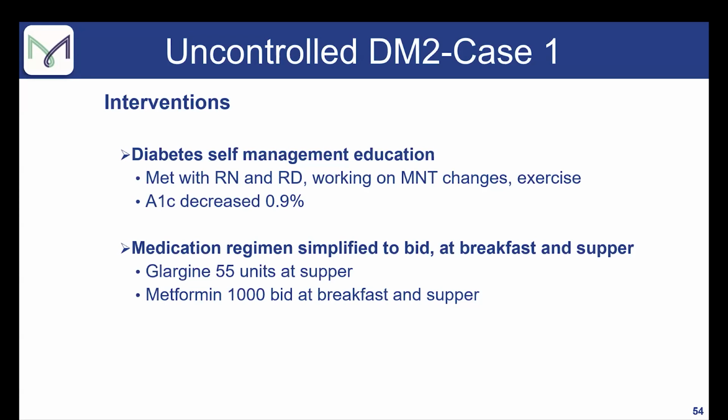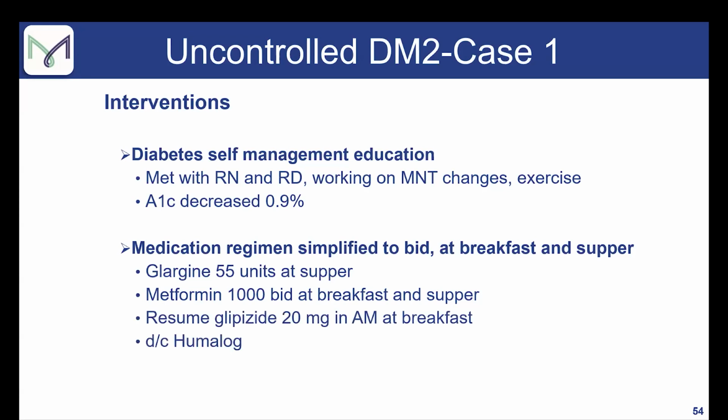So she stayed on the metformin as it was. And then her Humalog was discontinued. That was the most difficult part of her routine to maintain. And we resumed the sulfonylurea, the glipizide, 20 milligrams in the morning at breakfast time, and decreased her glucose testing with the elimination of the Humalog to BID at breakfast and supper.